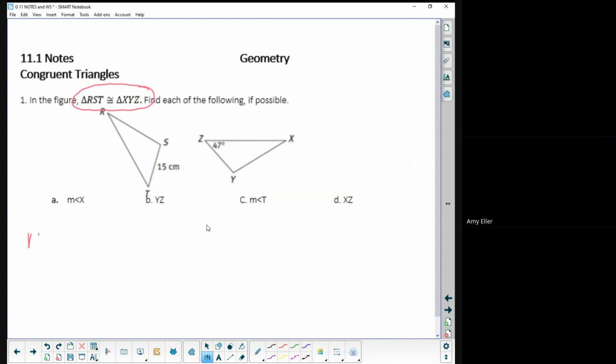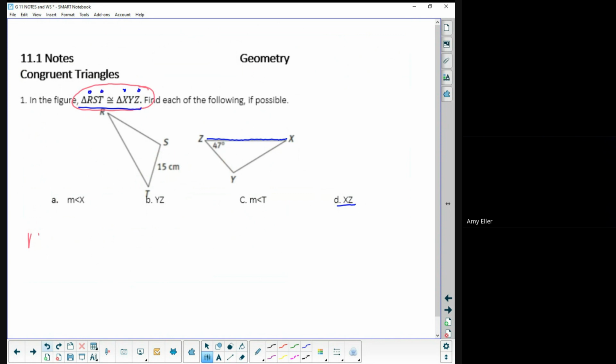We're trying to find how big side XZ is. Here it is in the picture. Again, don't guess what side it goes with. Look at your statement up here. XZ, here's X, and here's Z. So what does that correspond with over here?